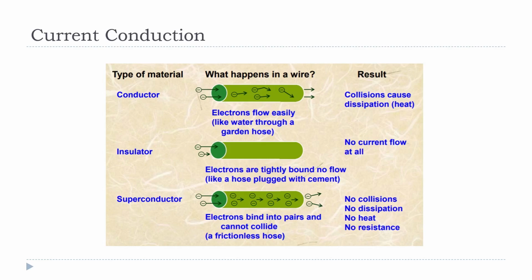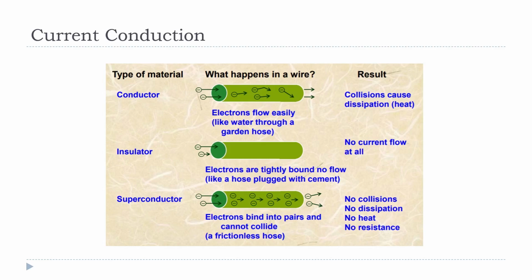Now, let us see how current conduction takes place in different materials. In a conductor, the surplus electrons can flow easily through that material.